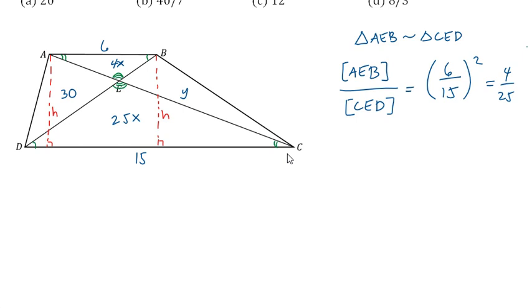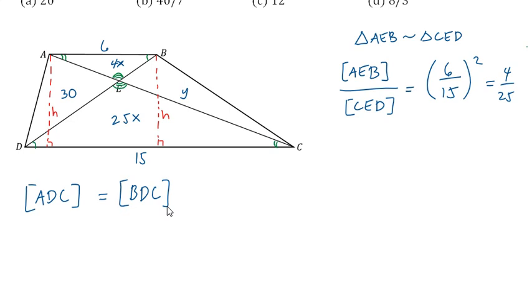So the area of triangle ADC is equal to the area of triangle BDC because they have equal altitudes and they share the same base.